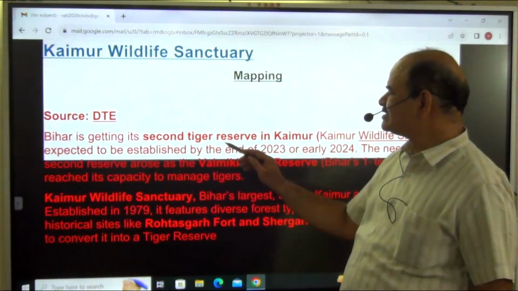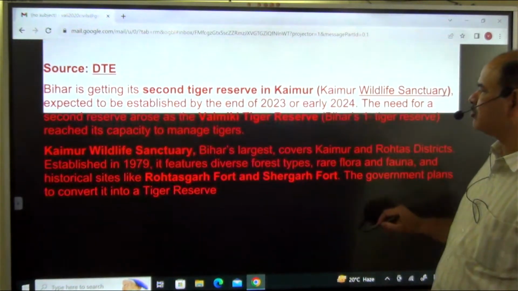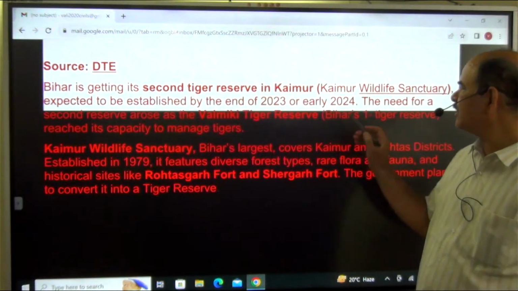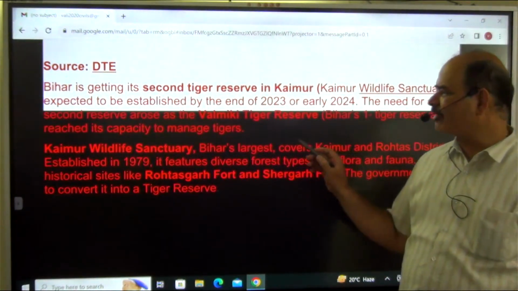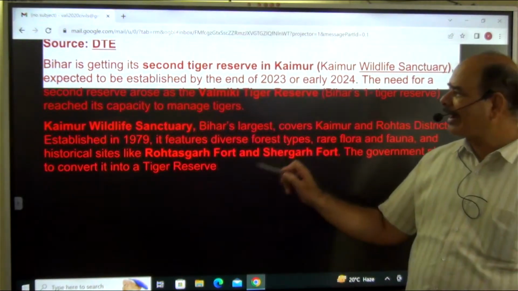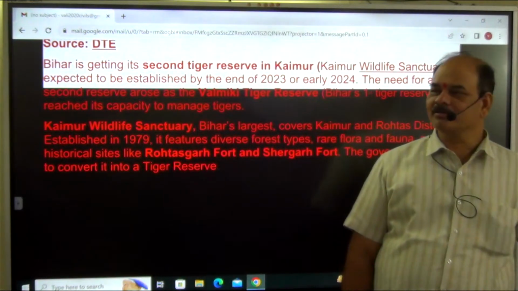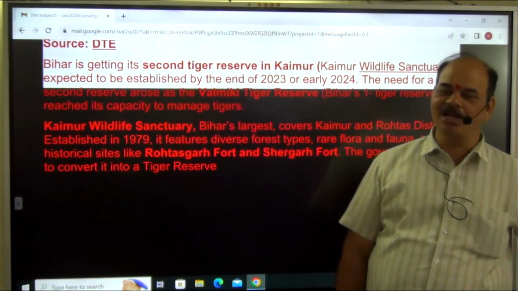Bihar is getting its second tiger reserve in Kaimur. Remember that, and at least remember the first one. The need for a second reserve arose as the Valmiki Tiger Reserve, Bihar's first tiger reserve, reached its capacity to manage tigers. And even our tiger population has doubled.